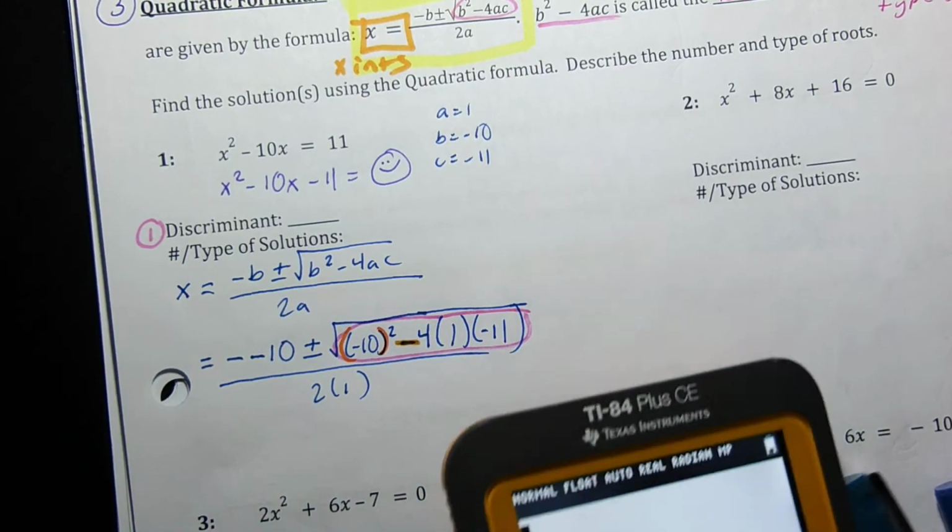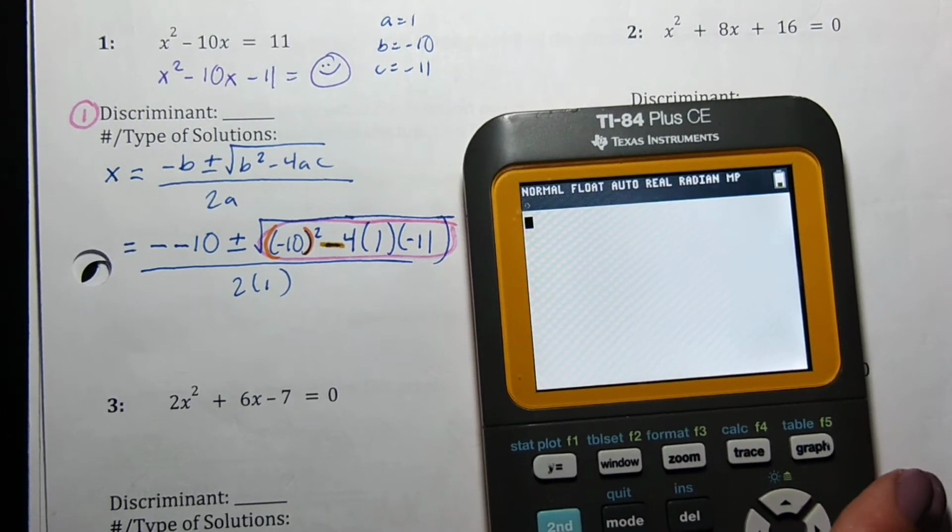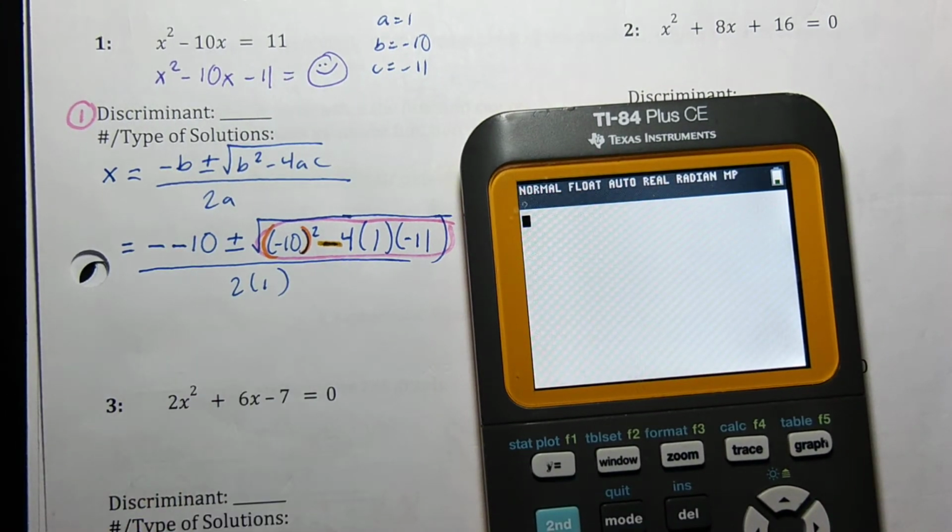So calculators at the ready. And we're not even going to include the square root. We are literally just doing the stuff under the square root as the discriminant. So parentheses, little negative 10, squared, arrow over to escape the exponent, and then minus, big minus sign, 4 times 1 times negative 11.